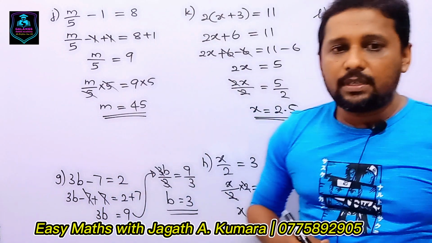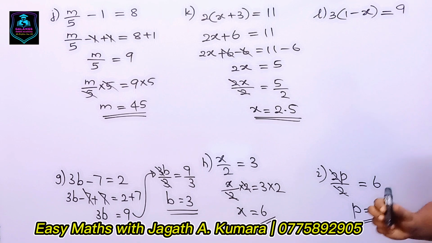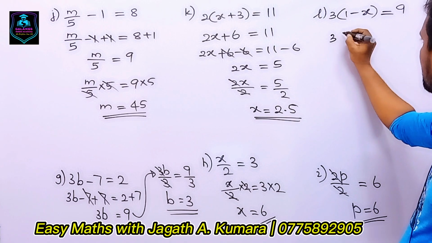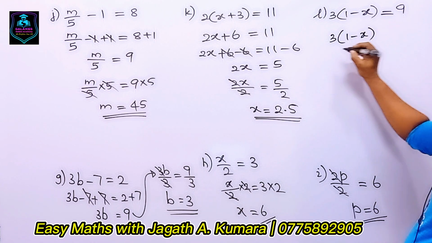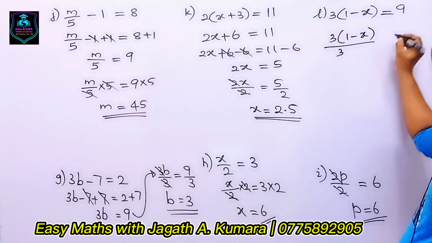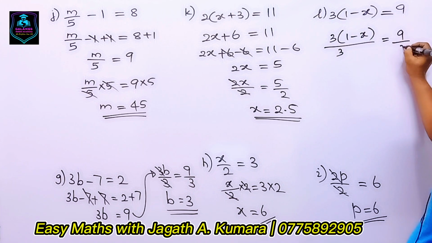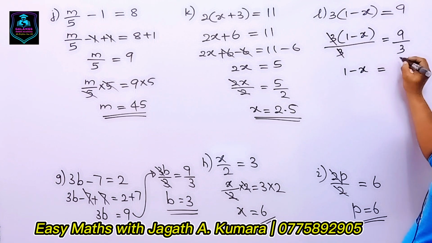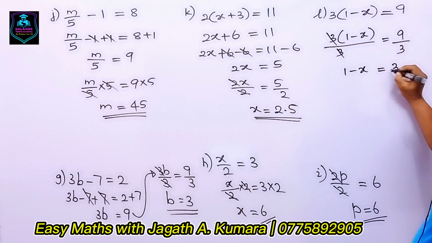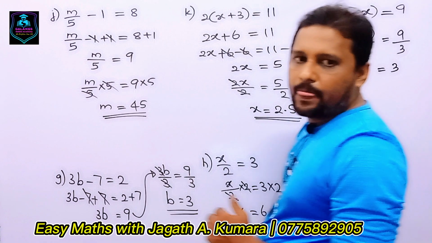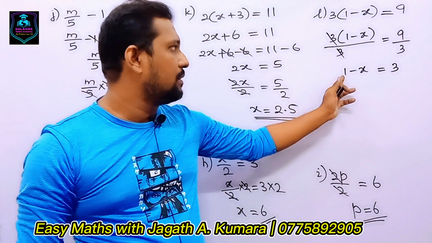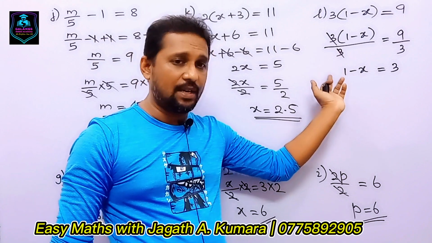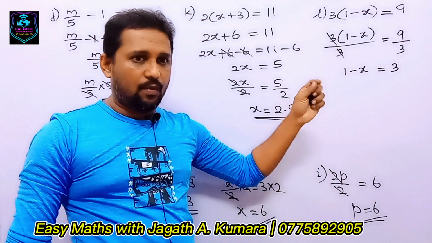So I will divide by 3 both sides. Then this 3 I can remove from this side. Then 3 and 3 cancel. 1 minus x equal 9 divide 3, 3. Right? Then you have to remove this 1. 1 is which one? Plus 1, no? Right? 1 is plus 1.